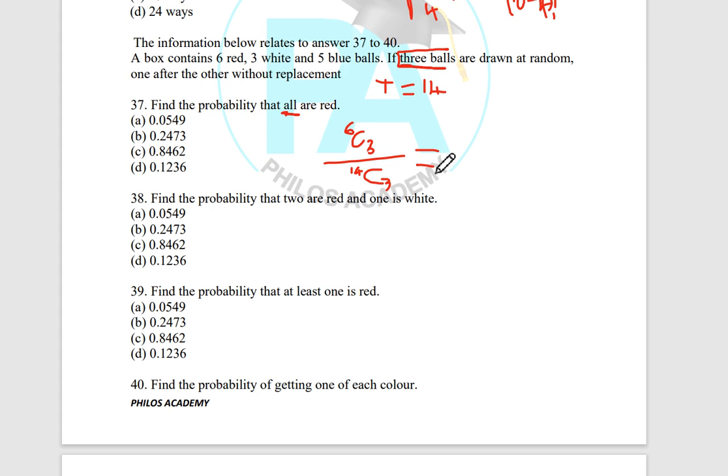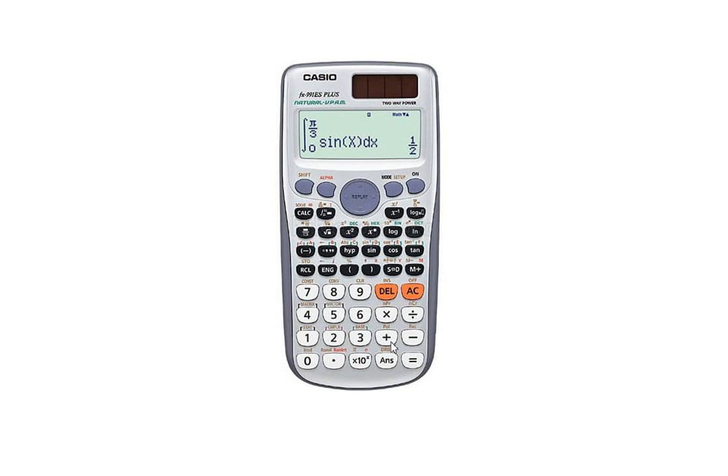So you can fix this on your calculator. Let me take you back to the calculator. You can bring the division first, then you press 6. To get a combination, you press shift, then the division sign. Permutation is the multiplication sign, so you come to the division sign for combination. So 6 combination, and you press 3.